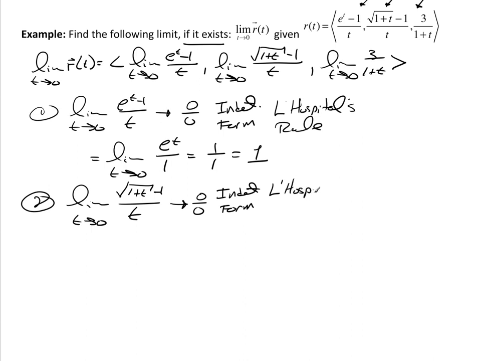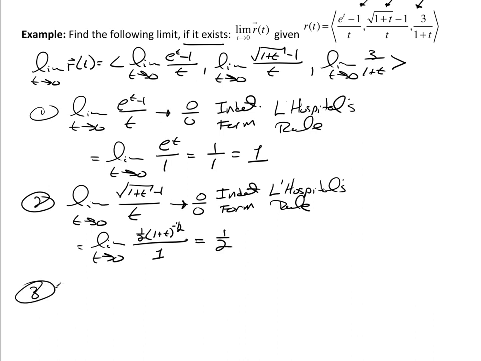So again, I'm going to use L'Hopital's rule, and consider the limit as t goes to 0. The derivative of the numerator is 1/2 (1 plus t) to the negative 1/2. The derivative of the denominator is simply 1. Now, as t goes to 0, this goes to 1/2.